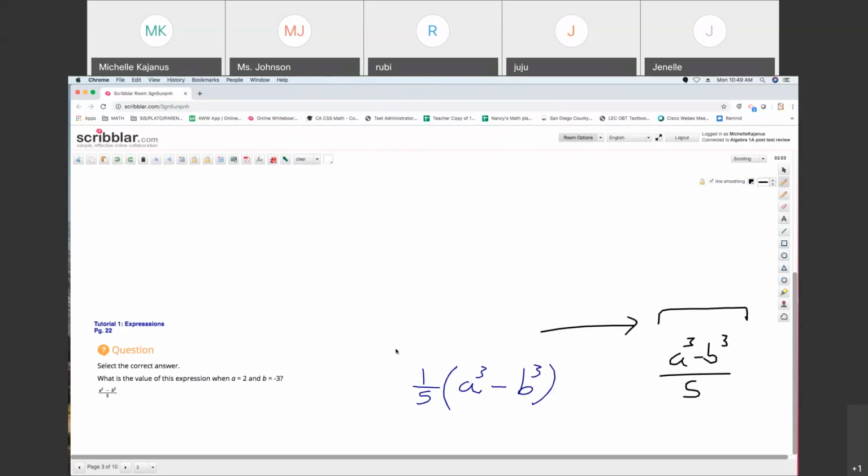So now what do I have to do with it? How would I simplify it? Here, I don't know what A is and B is, so I have to check, see if they actually give us that information. A is 2. So what I'm going to do, I'm going to rewrite this.